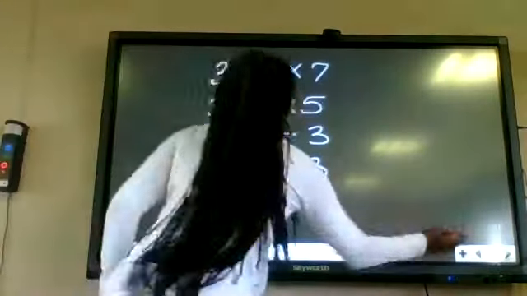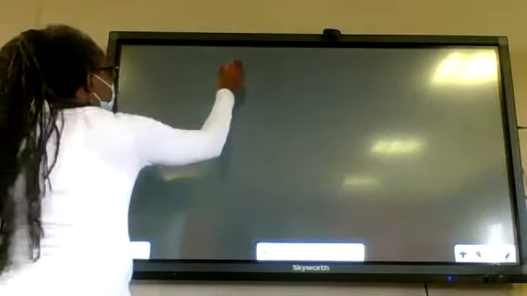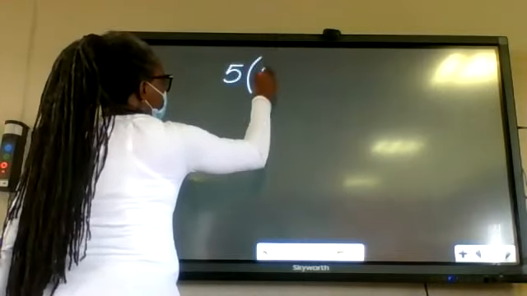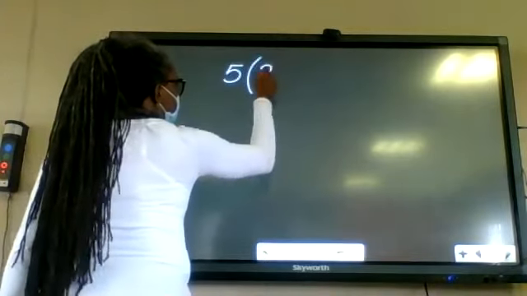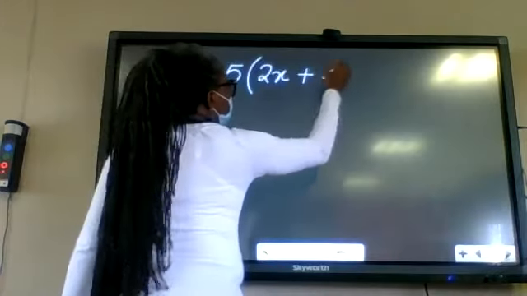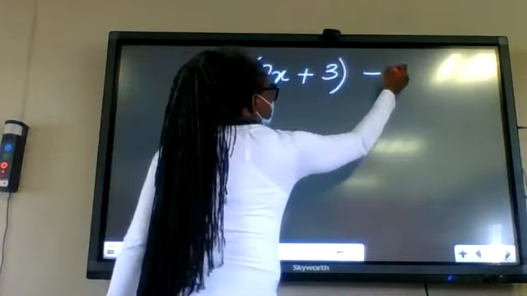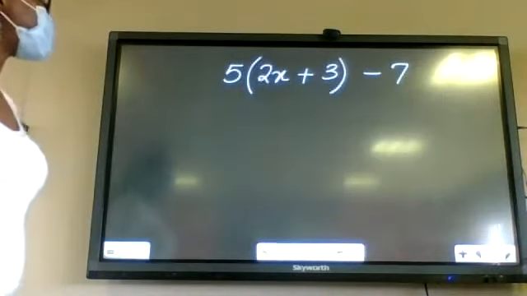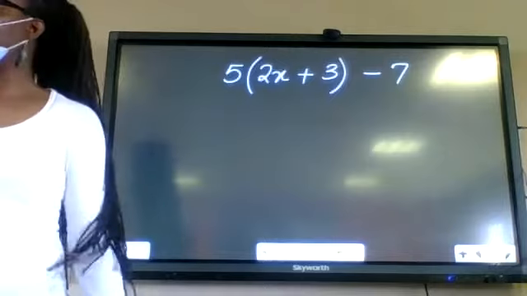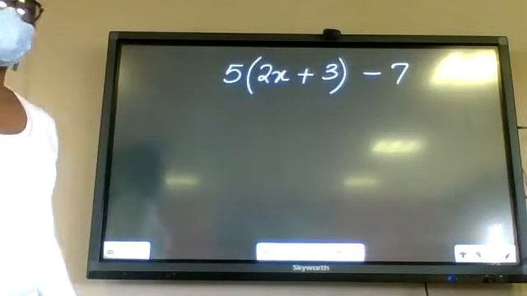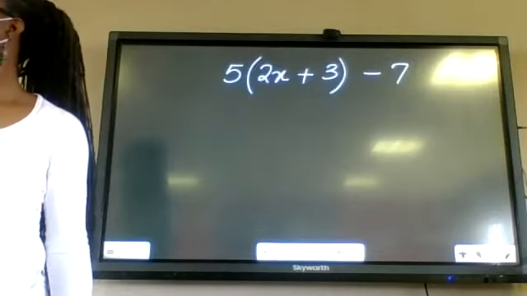And so I can talk about a sum like 5 multiplying 2x plus 3 minus 7, like that. And then I need you to understand and to accept that the 5 must multiply the 2x.